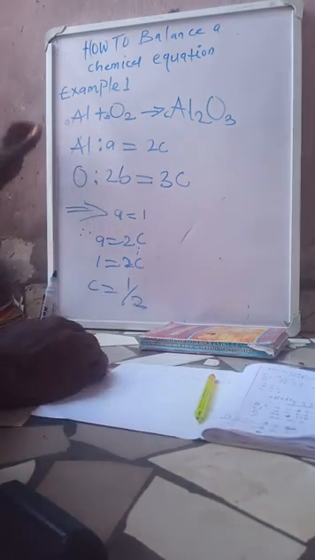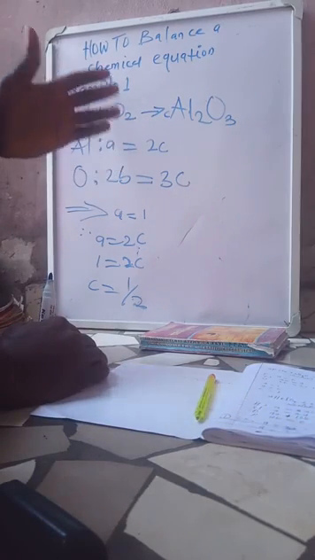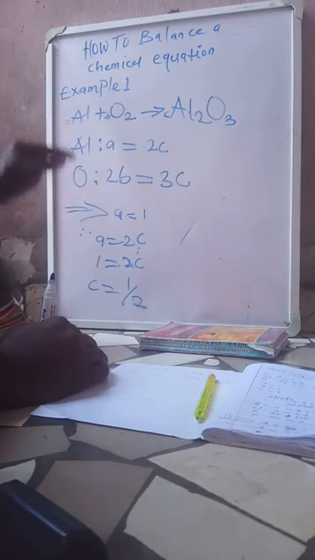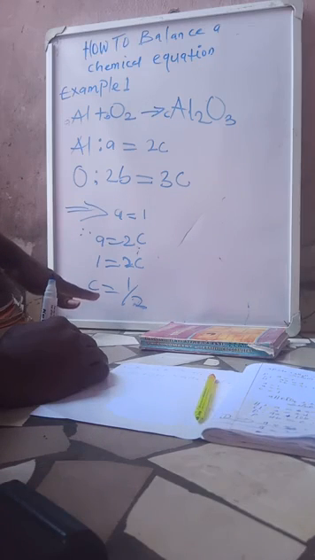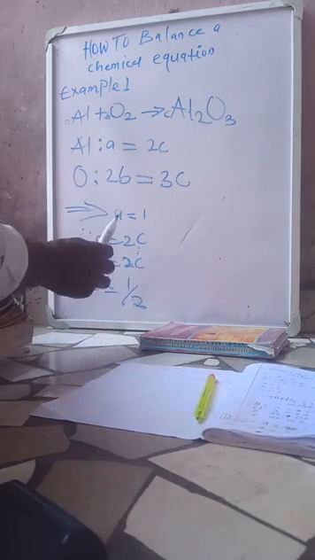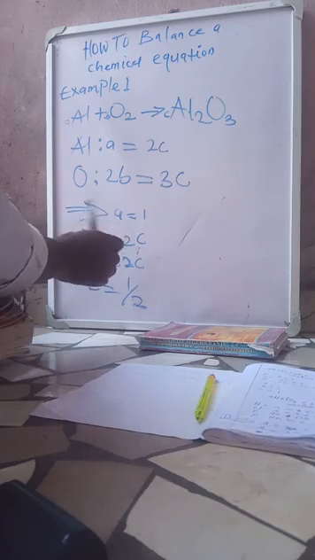After we've gotten the values for our A, B, and C, we'll substitute the values we have into all of this. So now we've got our value for C, which is 1 over 2. Now let's solve for the value of B. We have our value A as 1, which is standard.